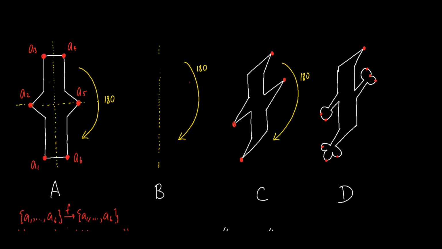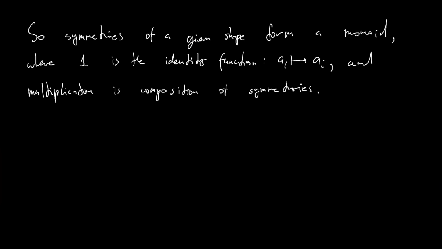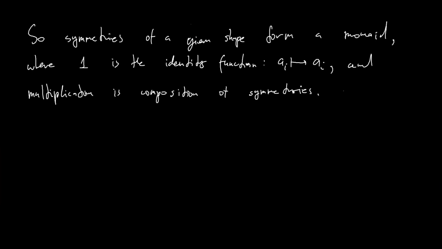So the inverse of 180-degree rotation is itself. There is also 90-degree rotation, which in this specific example we don't have, but we could have other examples where we have that, and there the inverse would not be itself. But in any case, whether the inverse is itself or not, we have inverses. And this is what a group is.